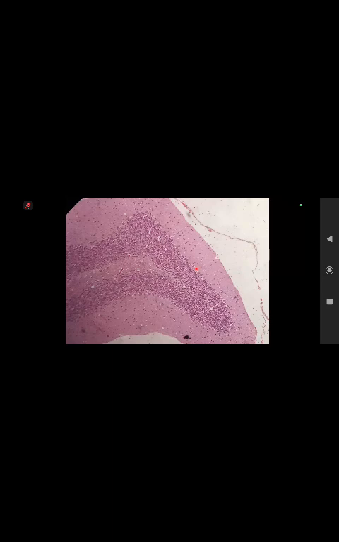The other cells within the granular layer and also the molecular layer are either inhibitory or excitatory. Otherwise, the only output is from the Purkinje, which is the ganglionic cell layer. So this is what we have as the structure of the cerebellum.